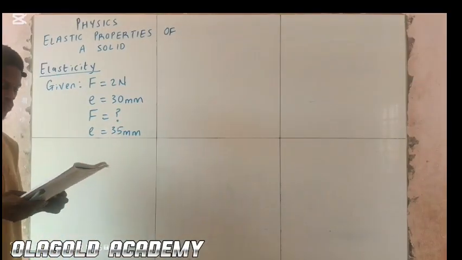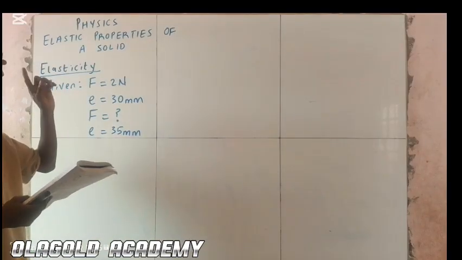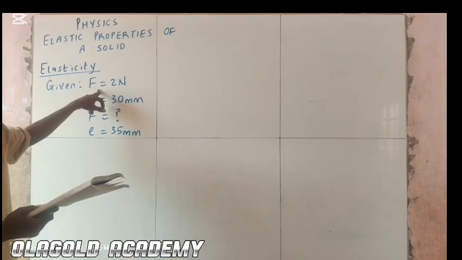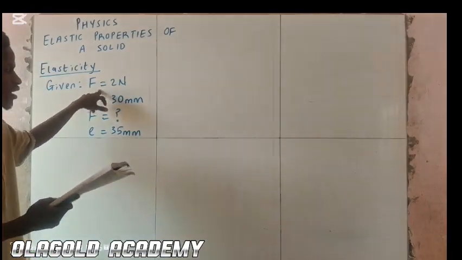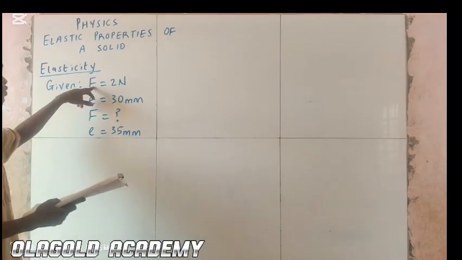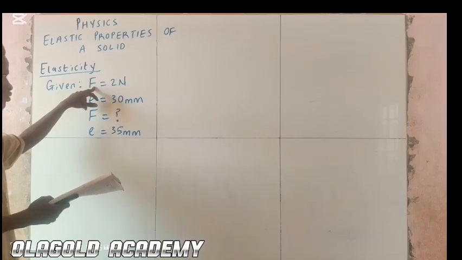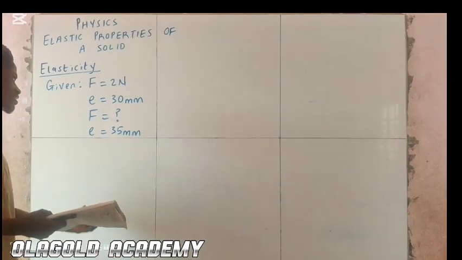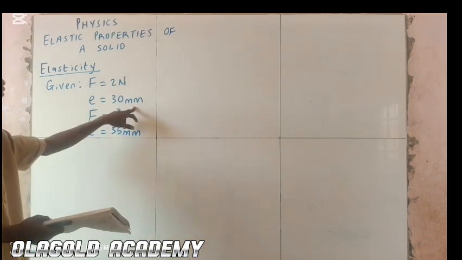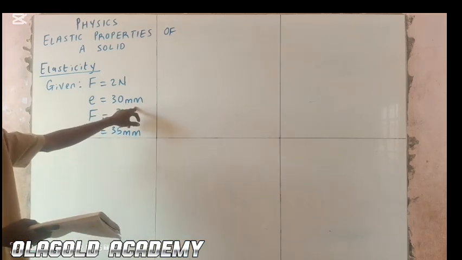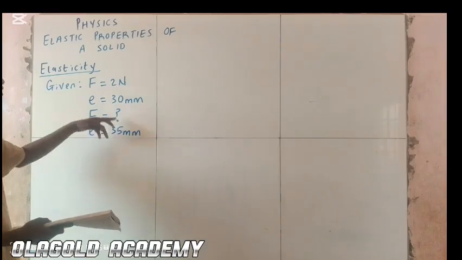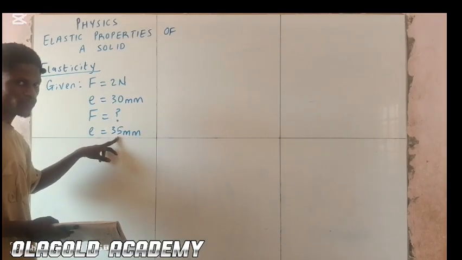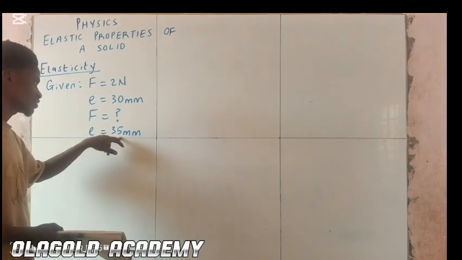So it means this force here, which is 2 Newton, stretches an elastic material with an extension of 30 millimeter. The question says, what additional force will now be needed to stretch the material from 30 to 35? That is our task here.